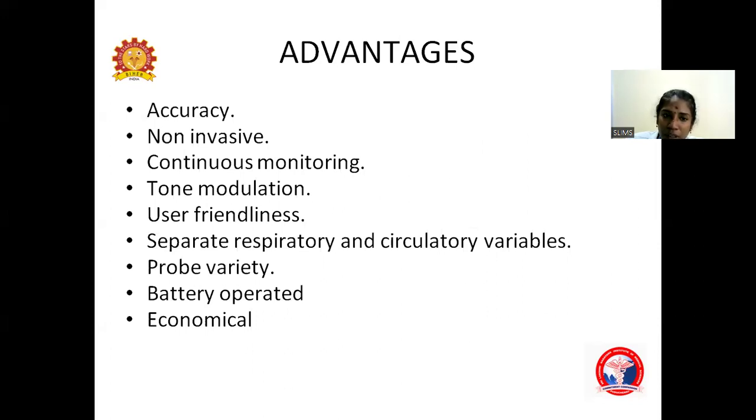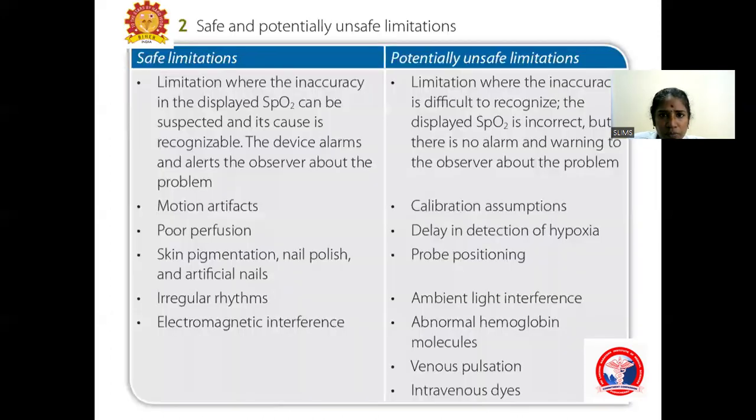The main important advantage is, yes, accuracy. The next is that it is non-invasive. The next is continuous monitoring, tone modulation, user friendliness, separate respiratory and circulatory variables, probe varieties, battery operation, and it is highly economical.